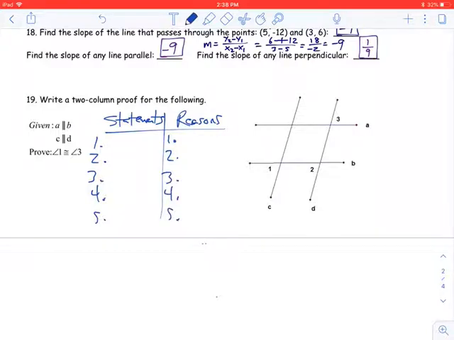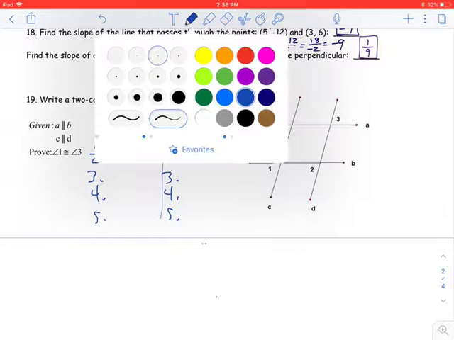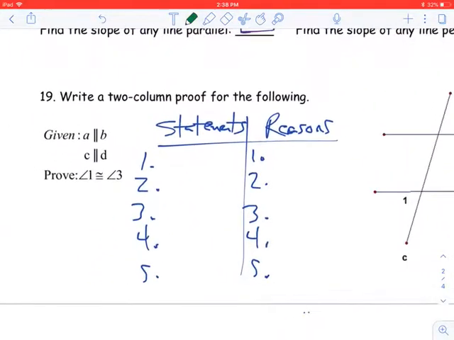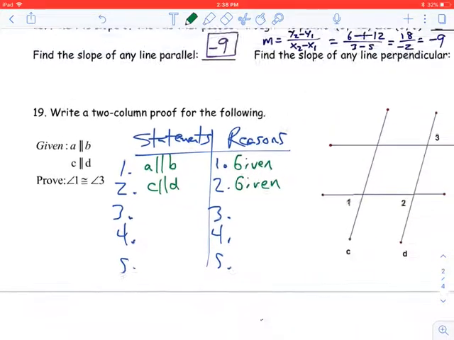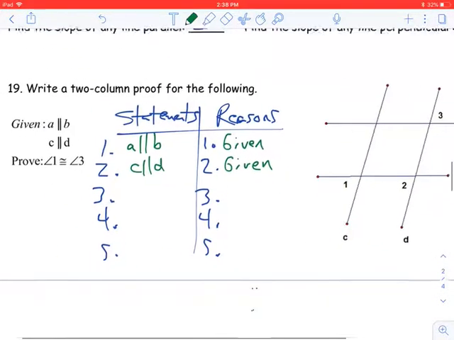The first 2 steps are obvious. The given. So A parallel to B, C parallel to D. That's given. That's given. Now, if that's given, we need to find out what else we can say.